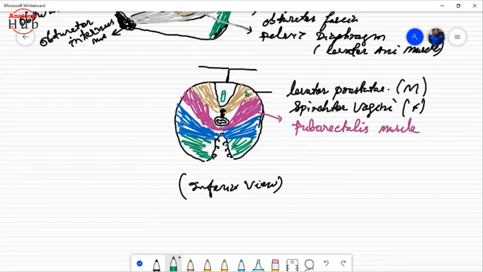So this muscle is your levator prostatae muscle. Just back to that, you'll find the puborectalis muscle, and just back to that, you'll find the iliococcygeus muscle, and this is your coccygeus muscle, right? So all these four muscles combinedly make a diaphragm over here. So this diaphragm will be known as your pelvic diaphragm.